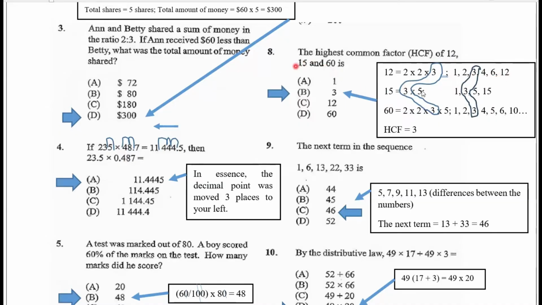What are the factors of 15? 1, 3, 5, 15. 60 is a lot. 1, 2, 3, 4. 15 by 4 is 60. 5 could go into 60 12 times. 6 into 60 10 times. 10 into 60 6 times. It goes on. We immediately could see that the highest number that is common is 3.